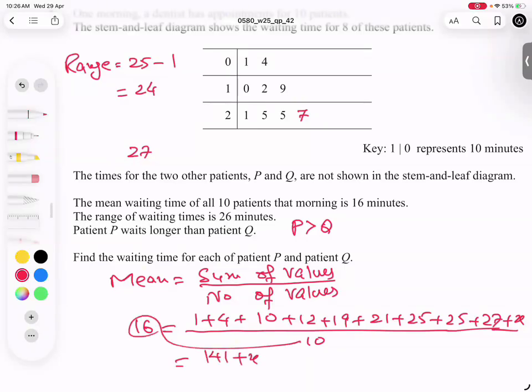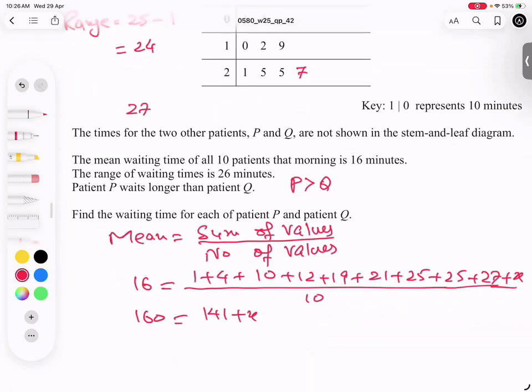This is 10 multiplied with this. So if I subtract from here, students, I get 19. So I check again because 160 minus 141. Okay. And so I will check once again the values. Values are correct. So 5 plus 10 plus 12 plus 19 plus 21 plus 25 plus 25 plus 27 is 144.